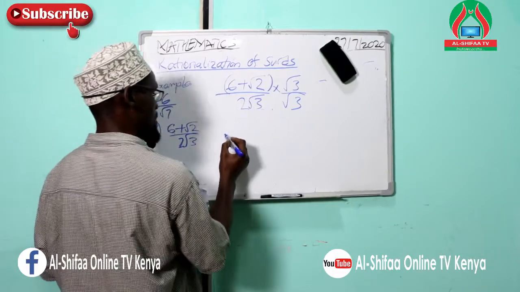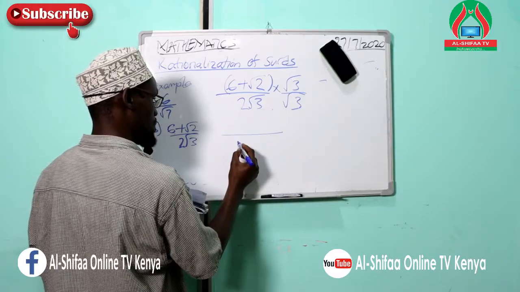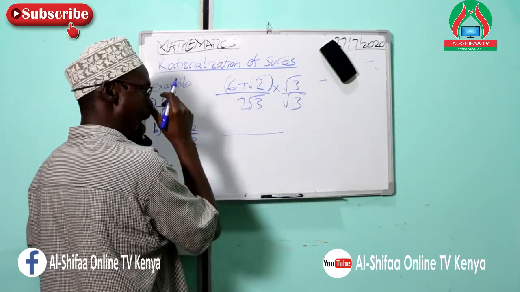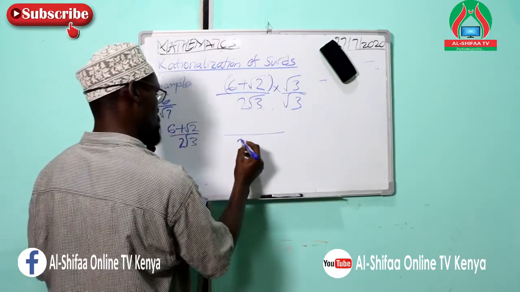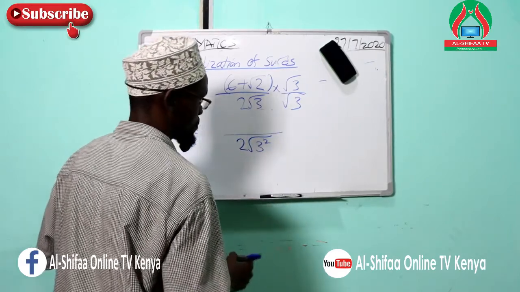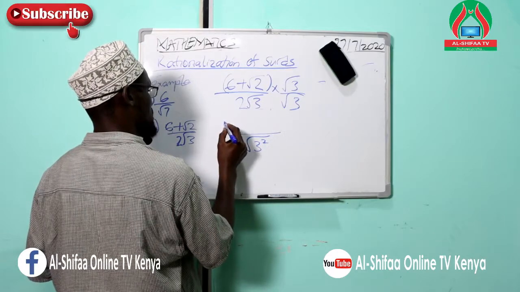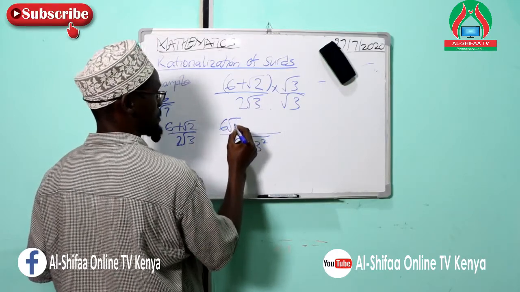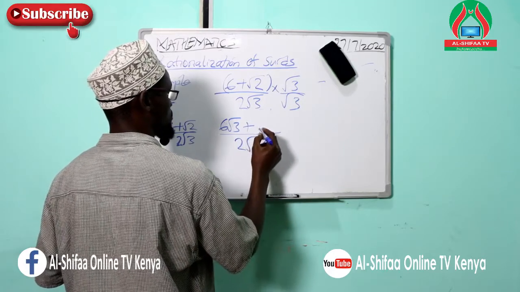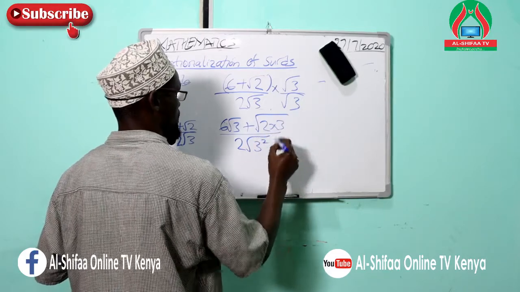On the denominator, it will be 2 root 3 times root 3, which is 2 root 3 squared. On the top side we'll have 6 root 3 plus root 2 multiplied by 3.